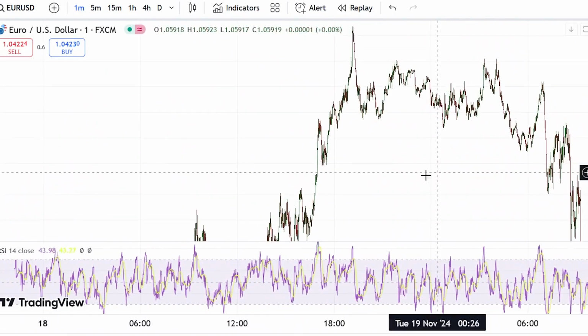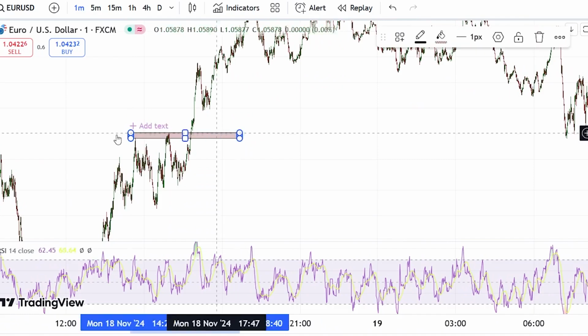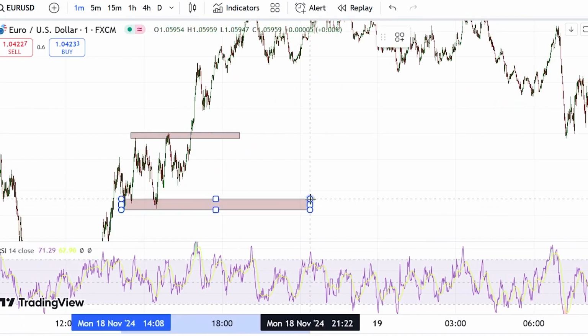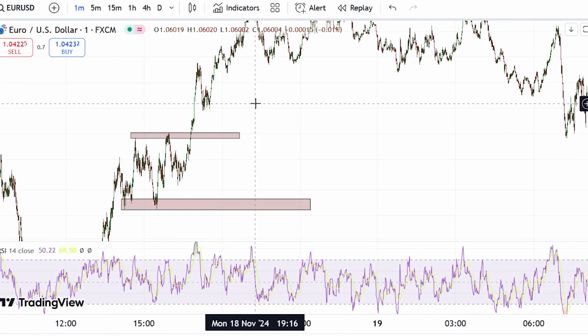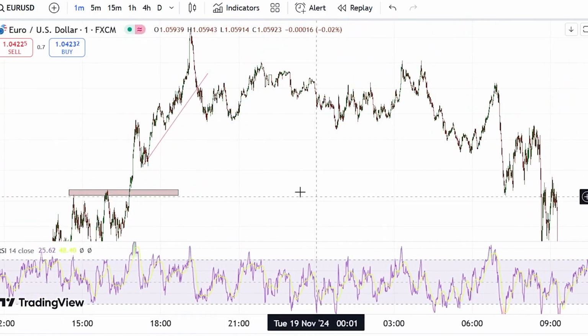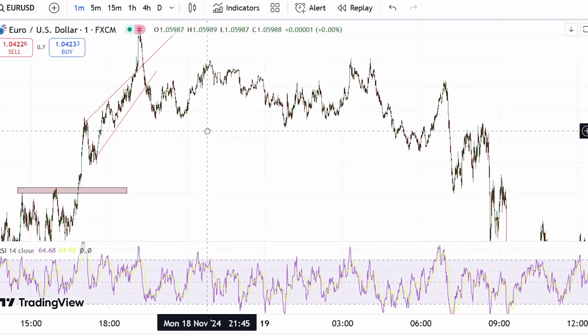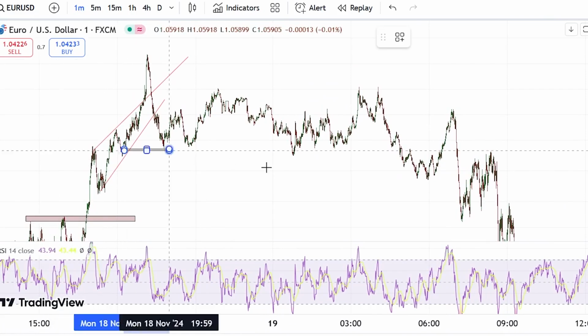Here, a trading range, broken by a spike, then a channel, and a trading range.